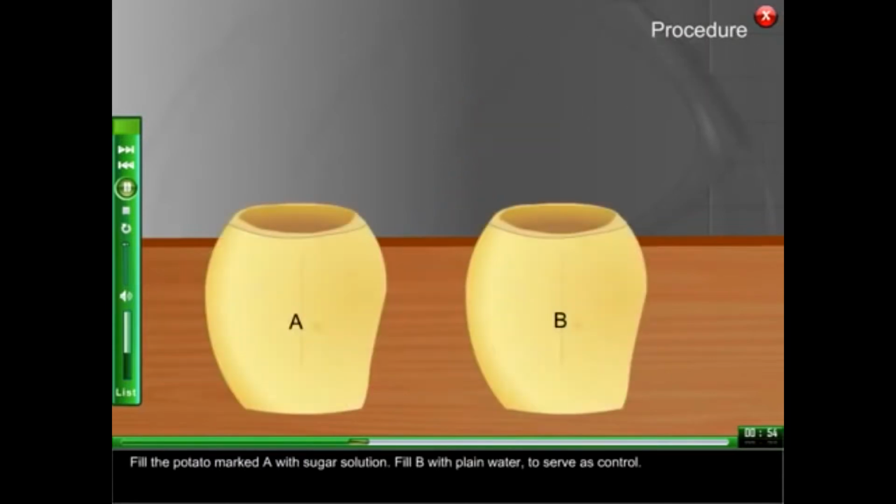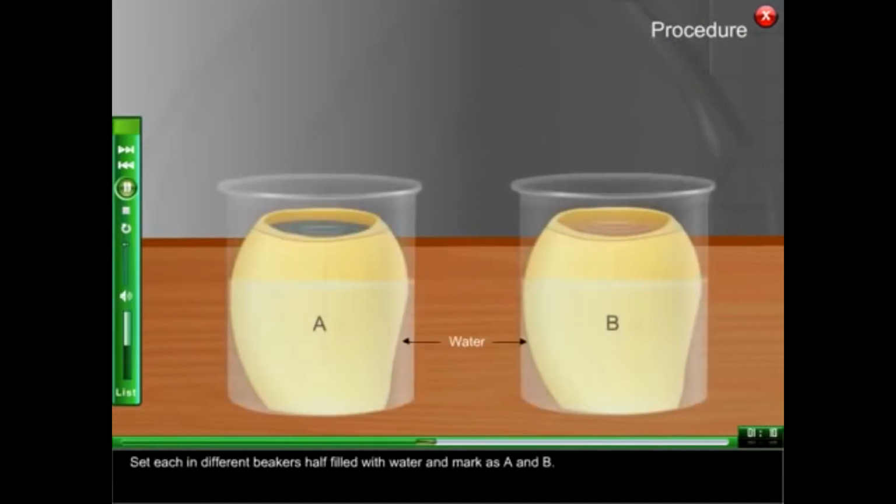Fill the potato marked A with sugar solution. Fill B with plain water to serve as control. Set each in different beakers half filled with water and mark them as A and B.